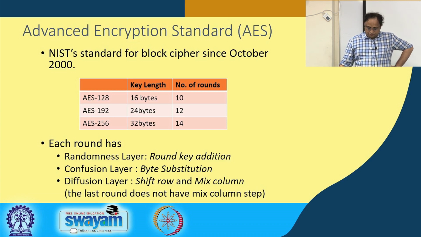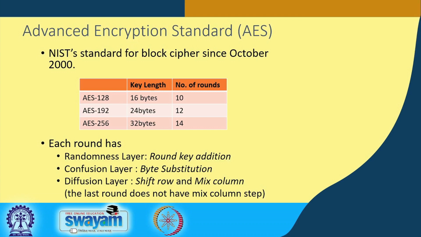It comes with a confusion layer, which is called the sub-bytes, or byte substitution layer. You can see here I write down each component of the round. What we do in AES is take a plain text and perform an XOR with a key.